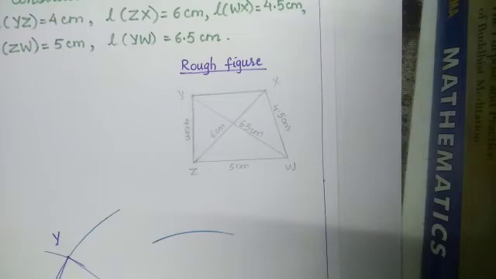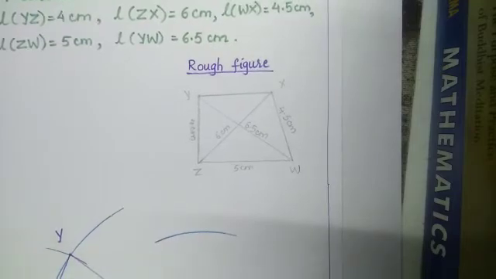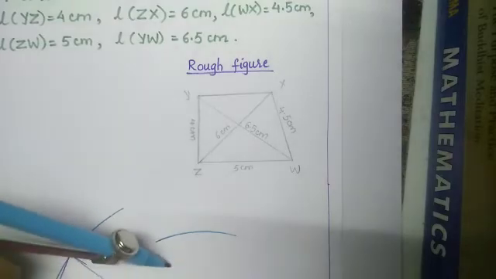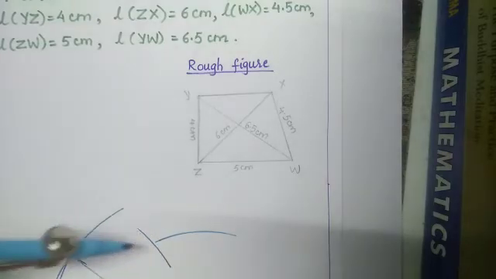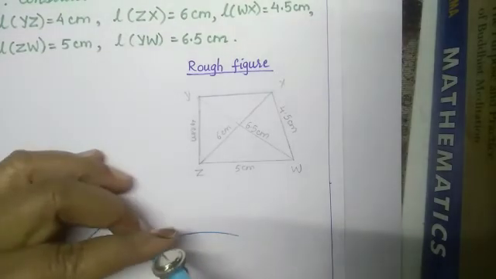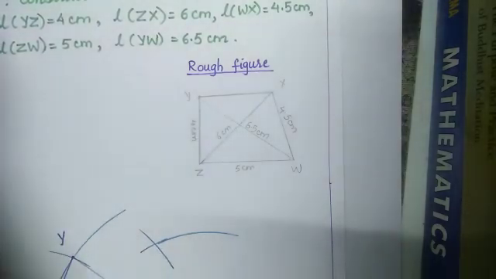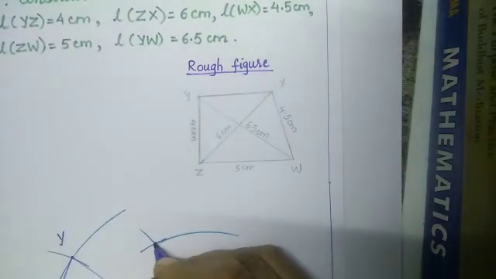Okay. Let us take a 6 centimeter arc from Z to this point. Let us extend this arc to join this point, and now we got the point of intersection.